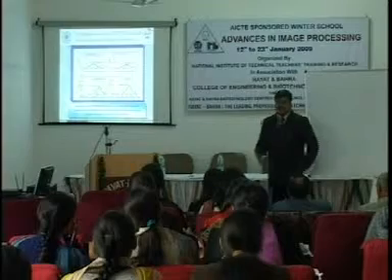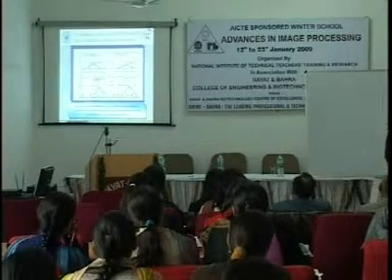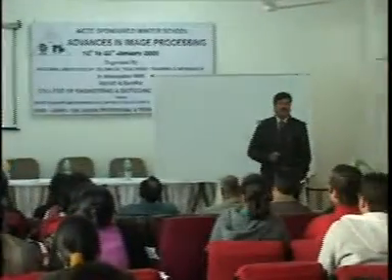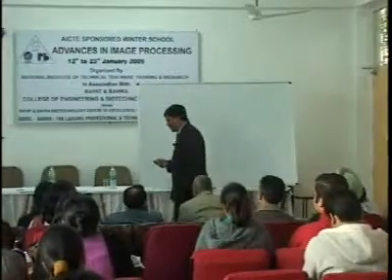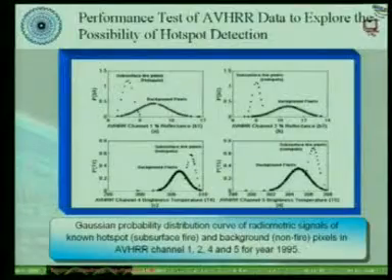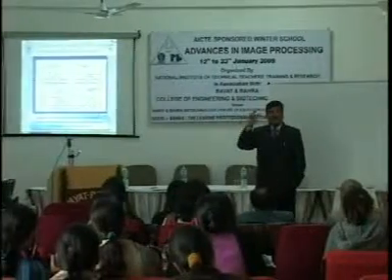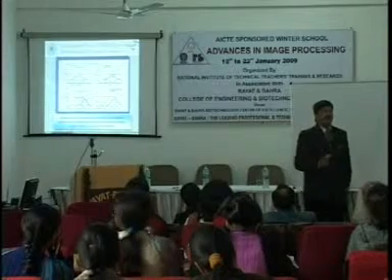And then again, now I am saying this word, PDF, probability distribution function. So PDF is again a very important thing. A lot of image analysis people are not using this word. But PDF is a very interesting thing, because the PDF of different types of targets must be different.